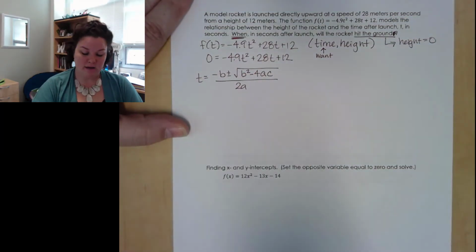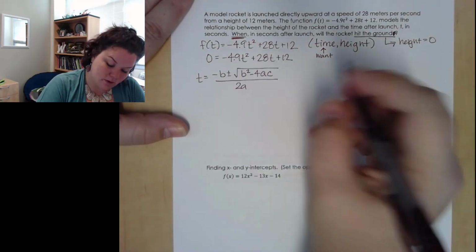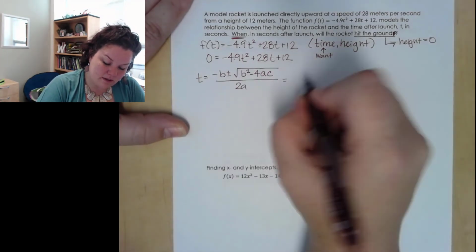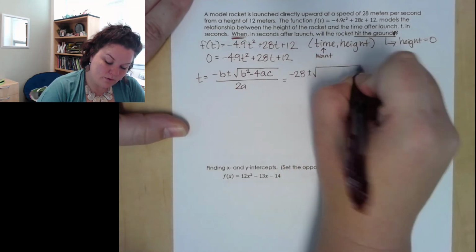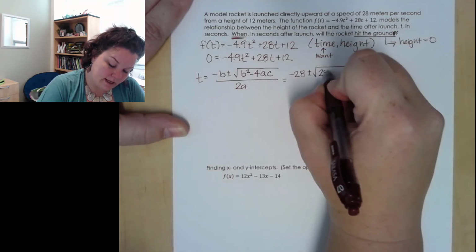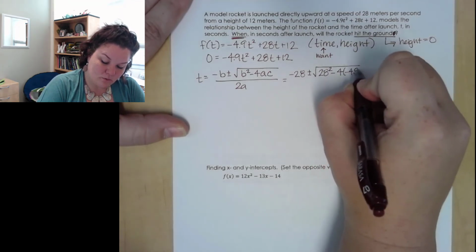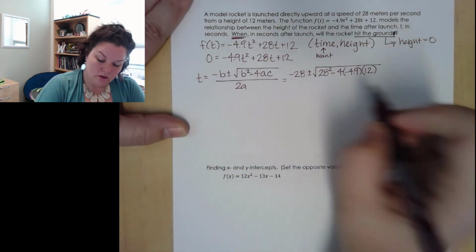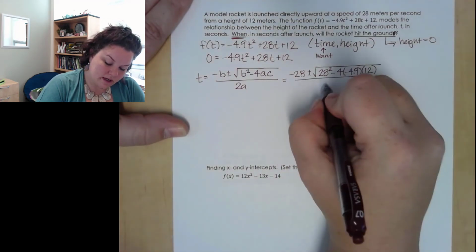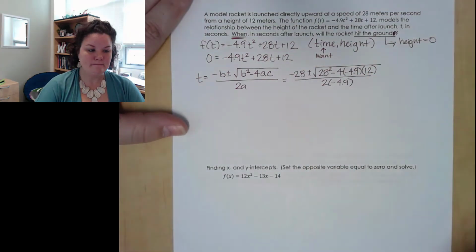So I'm just going to plug in my numbers that I get from this function that I just set equal to 0. Okay, so negative b would give me a negative 28 plus or minus the square root of b squared, so 28 squared, minus 4 times my a, which is negative 4.9, times my c, which is 12, all over 2 times my a, which is negative 4.9. Okay, and then I just keep simplifying.